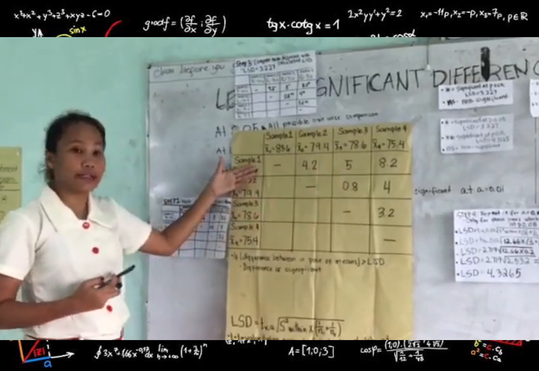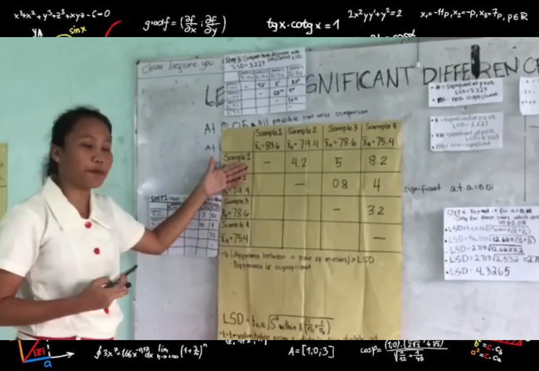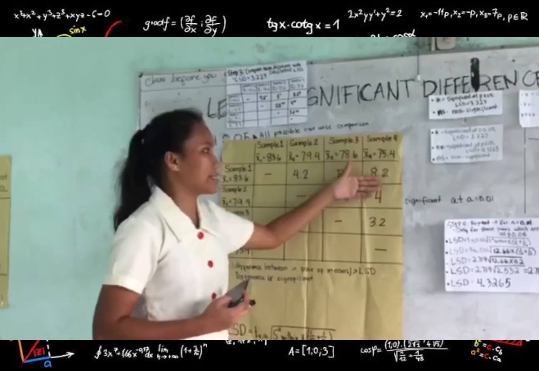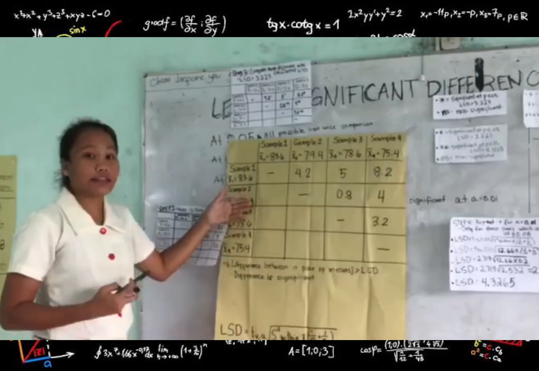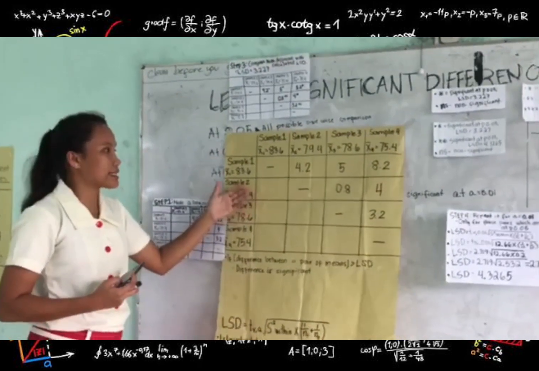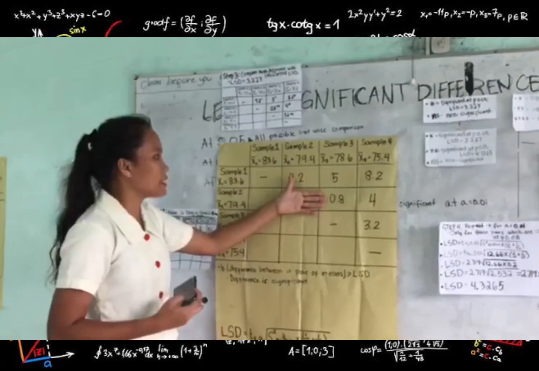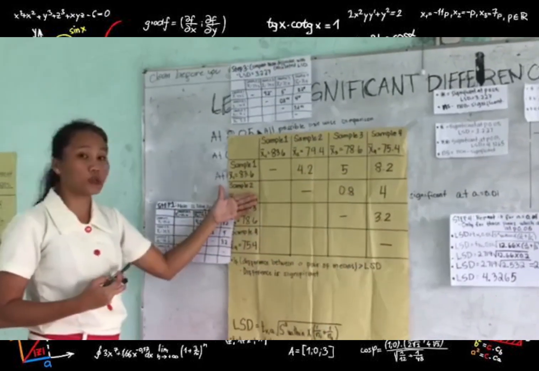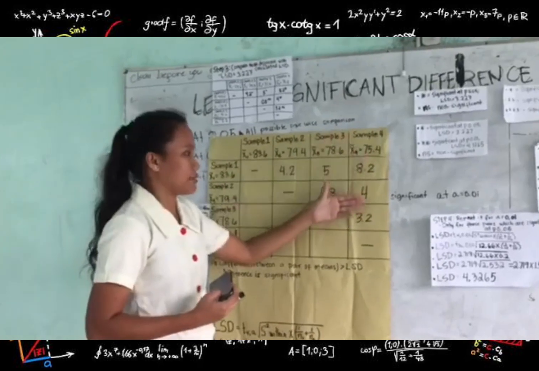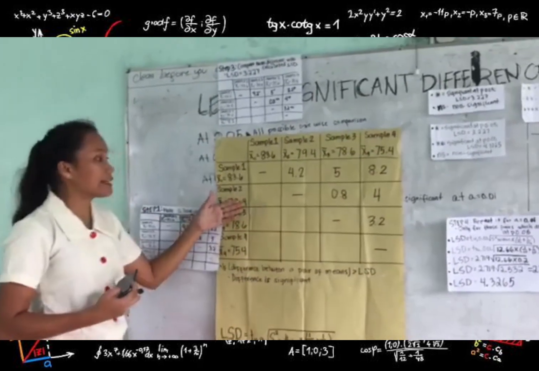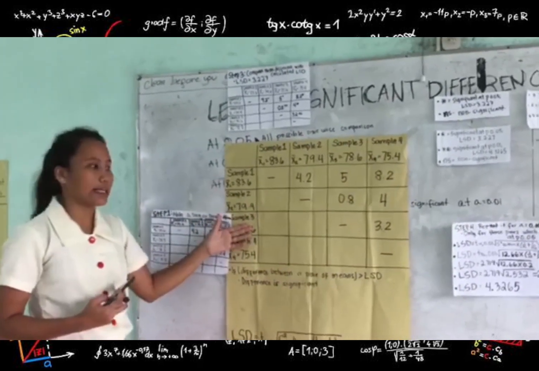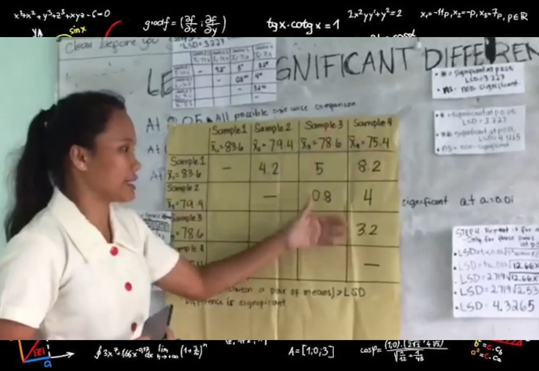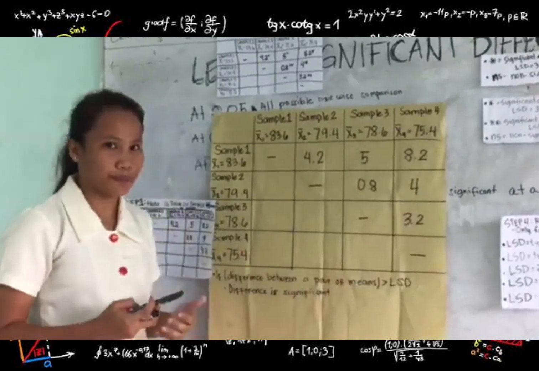The difference between sample 1 and sample 4 is 8.2. The difference between means of sample 2 and sample 3 is 0.8. The difference of sample 2 and sample 4 is 4. The difference of sample 3 and sample 4 is 3.2.